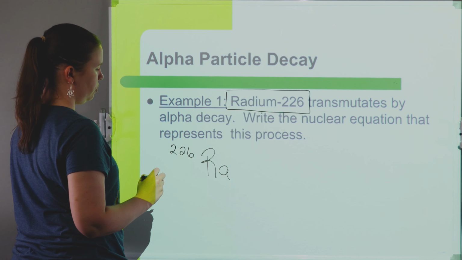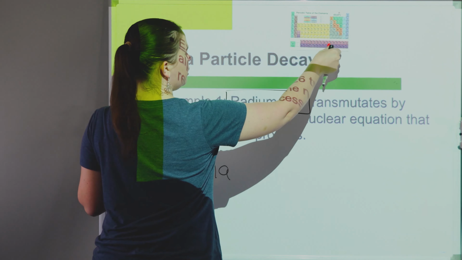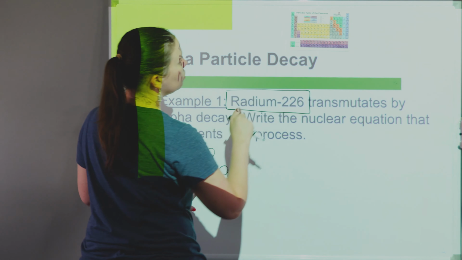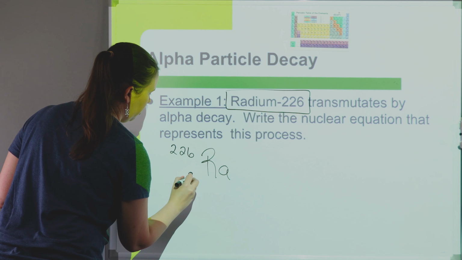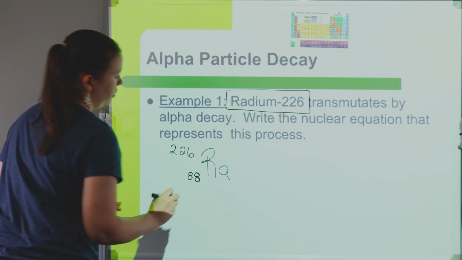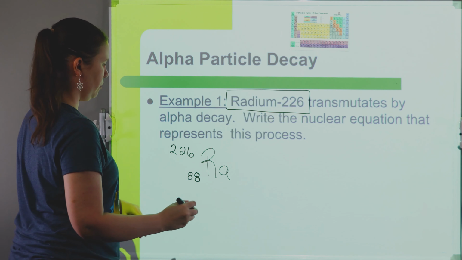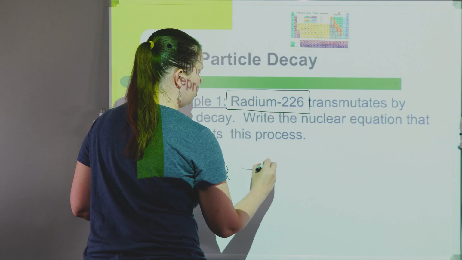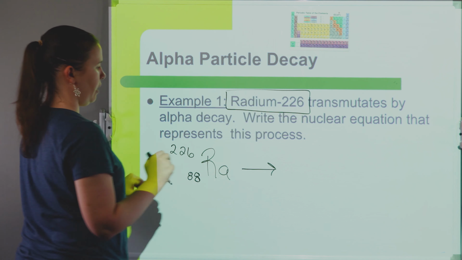So now I need to determine the atomic number from the periodic table. Radium down in the corner has an atomic number of 88. So remember, with this format, you had to look up your own atomic number. Now it's going to change or transmutate by alpha decay.